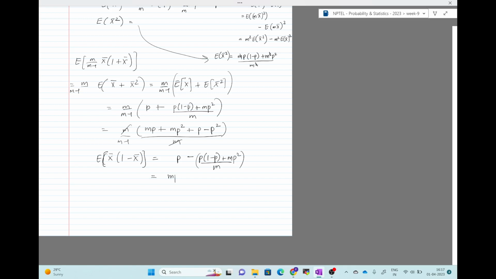Then we have mp minus p plus p square plus mp square by m.